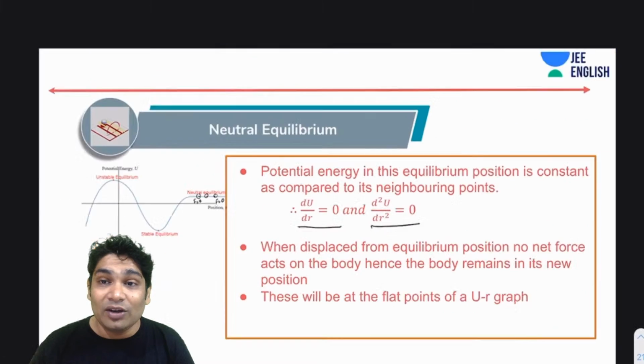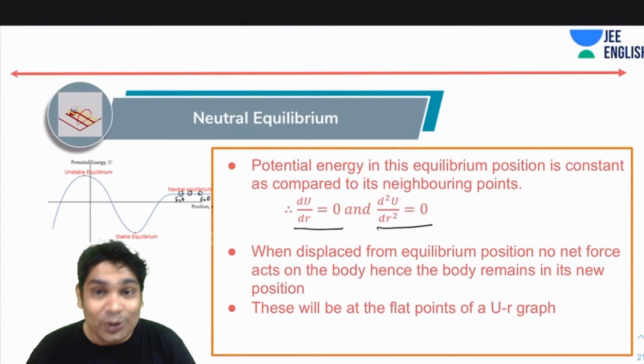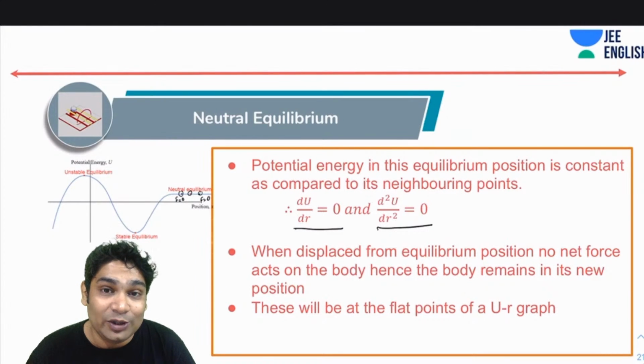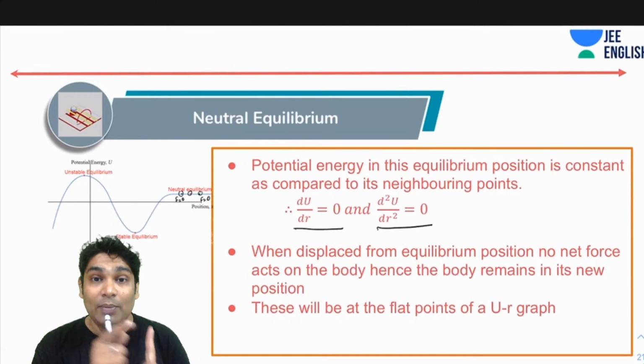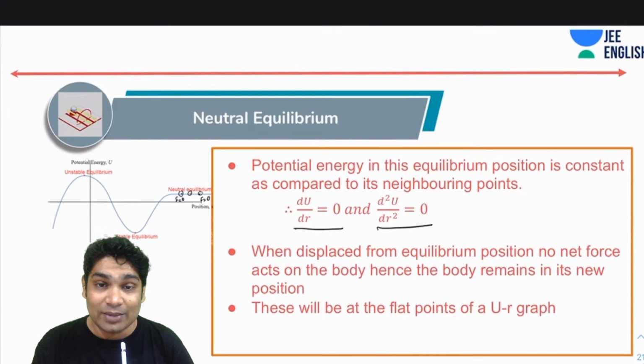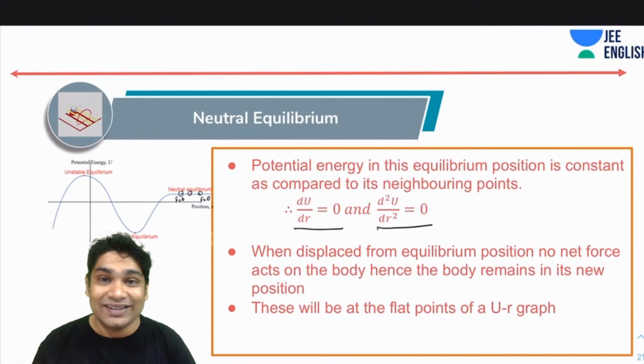When displaced from such an equilibrium position, no net force acts on the body and hence it remains in its new position. These will be the flat points of the U-r or U-x graph, or whatever graph is given to you. So remember: all maxima points represent unstable equilibrium, minima points represent stable equilibrium, and flat parts represent neutral equilibrium.